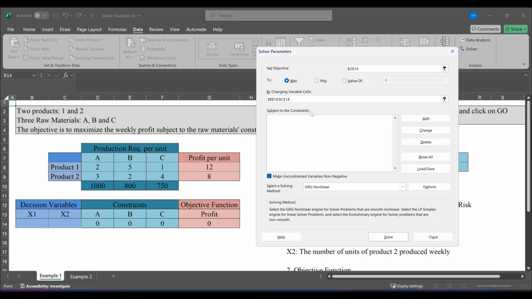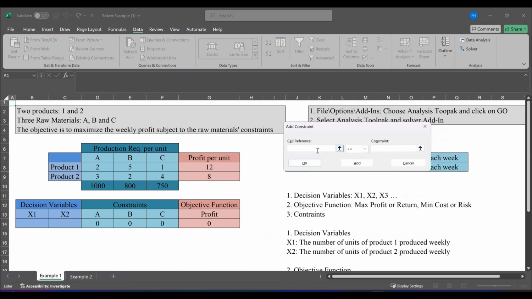Subject to the constraints. So now I need to start adding the constraints. The first constraint is that this cell, D14, is set by default to less than or equal, so I leave it as it is. This should be less than 1000, the value that I have here. I click on Add.